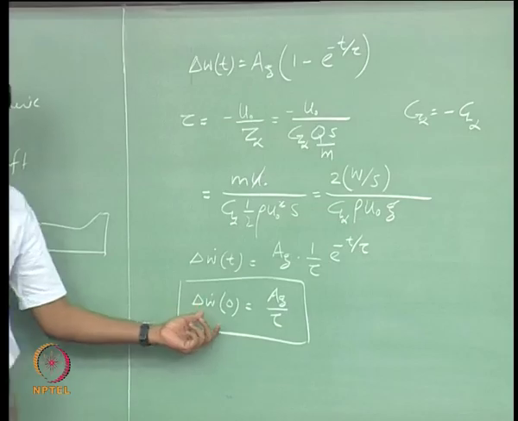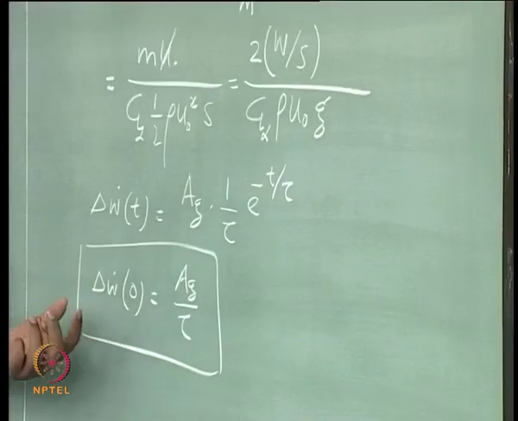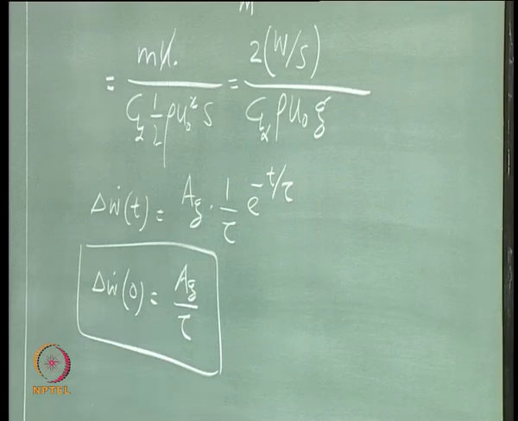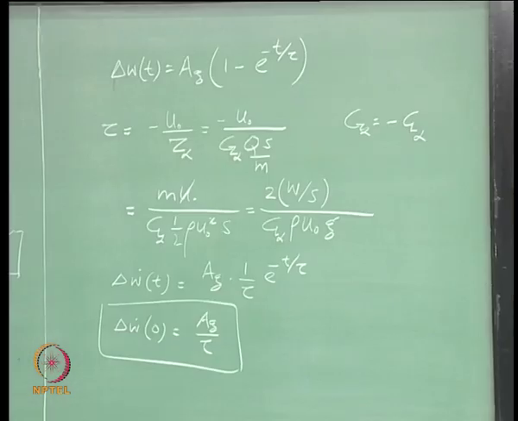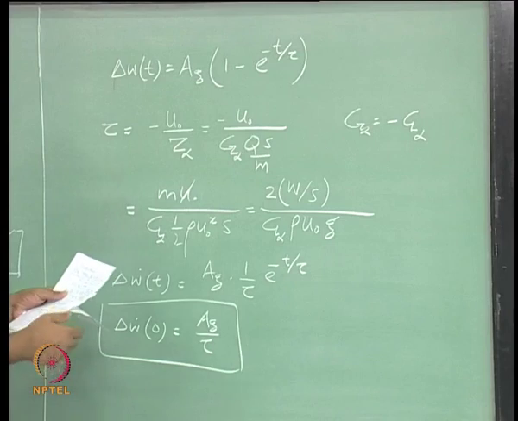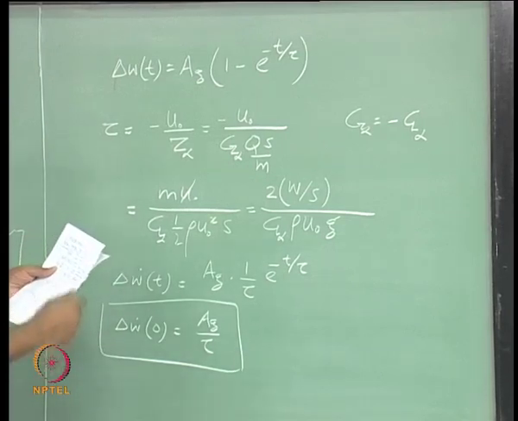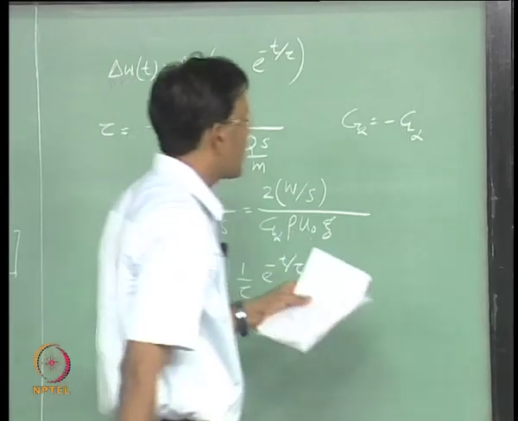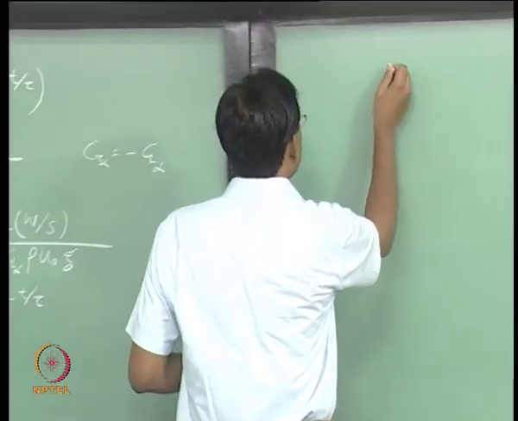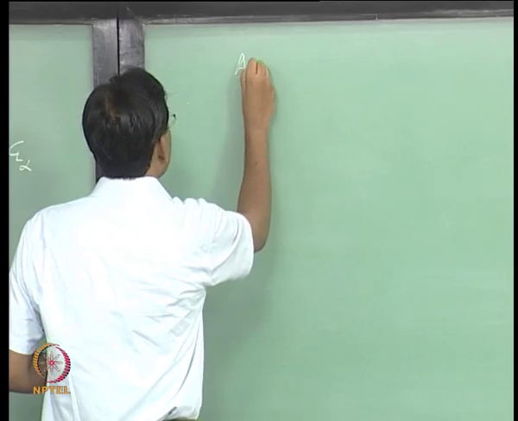This is the slope of the response at time t equal to 0, right, which is also the acceleration. So, let us try to get some numbers for two different aircraft.